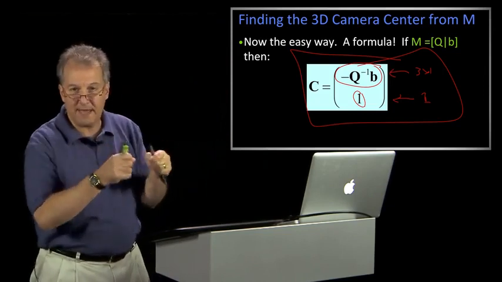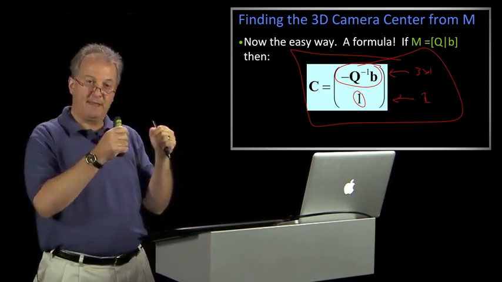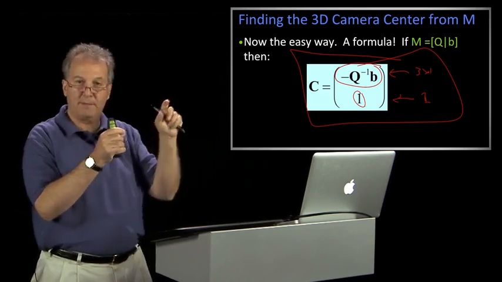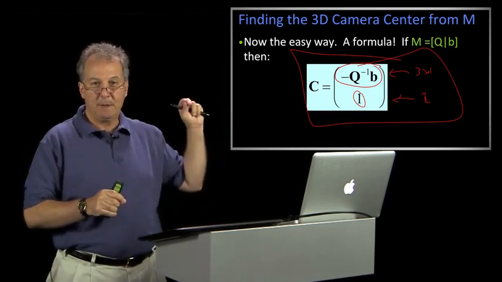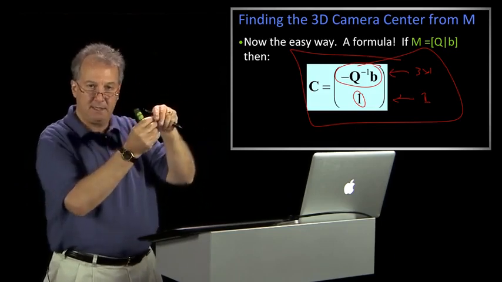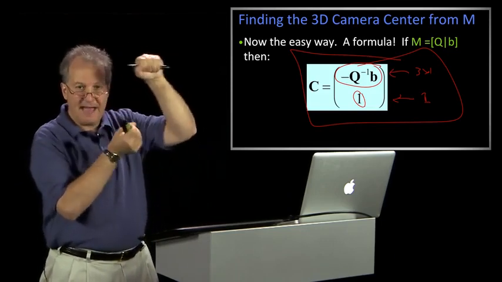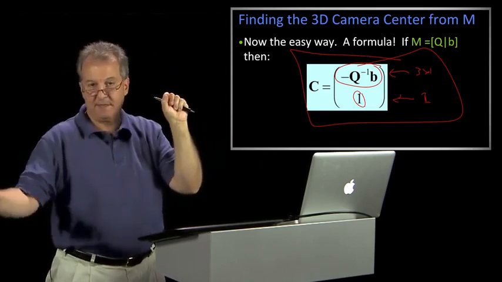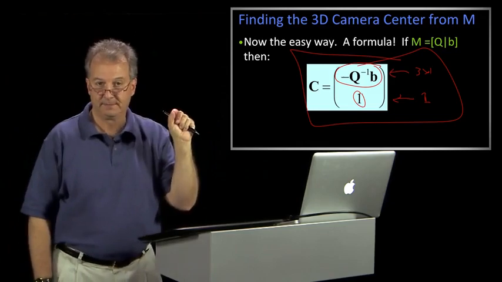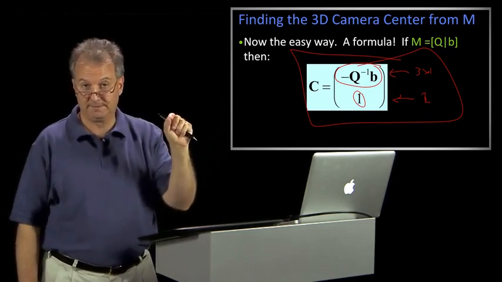And then I did all that math to compute that M matrix. And then I pulled out the 3 by 3 and called that Q, and the 3 by 1 and called that B. And then I took minus Q inverse times B over 1. That vector would be the actual location of this camera in that world coordinate system. Pretty cool.